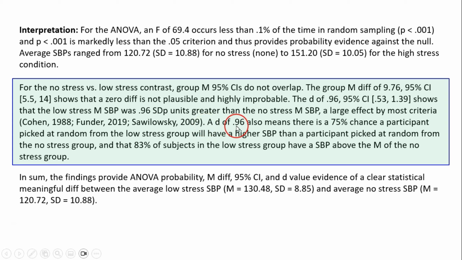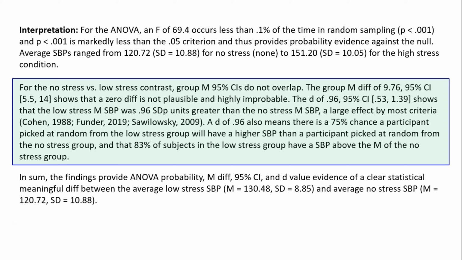A d of 0.96 also means there is a 75% chance a participant picked at random from the low stress group will have a higher systolic blood pressure than a participant picked at random from the no stress group. Okay, that right there is the computation and interpretation for the probability of superiority.